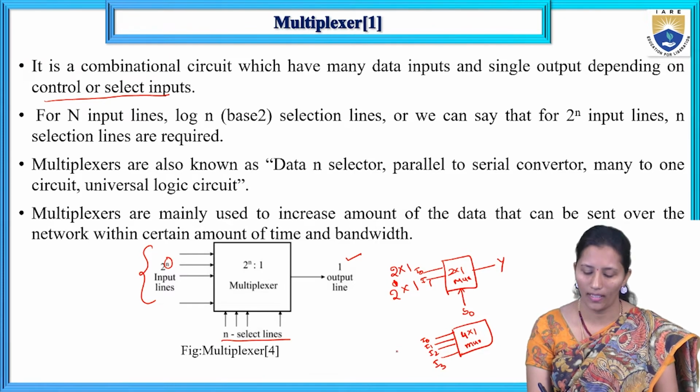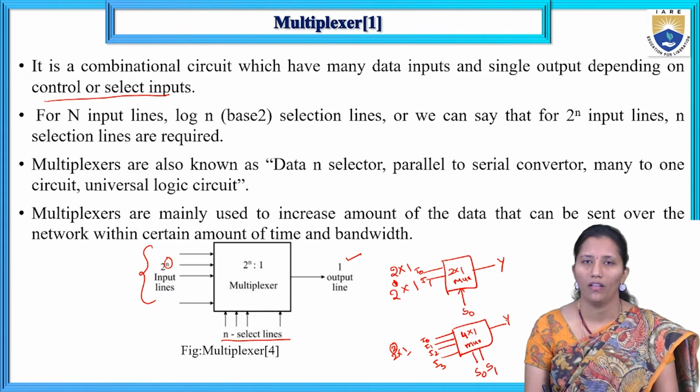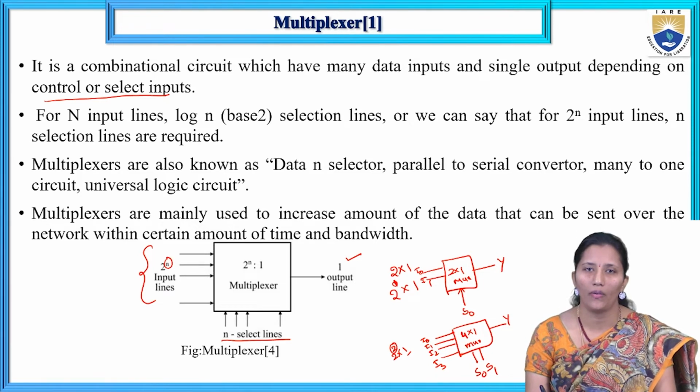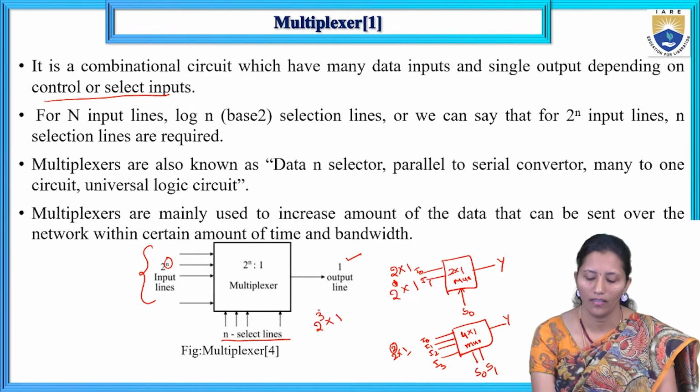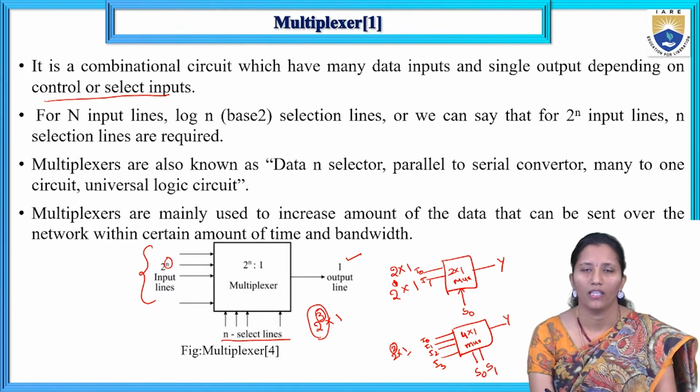We can write 4 as 2 power 2 into 1. This 2 indicates 2 selection lines, S0 and S1, and 1 output Y. For example, if we have an 8 by 1 mux, it is 2 power 3 into 1. So 2 power 3 means 3 selection lines, a total of 2 power 3 inputs and 1 output.